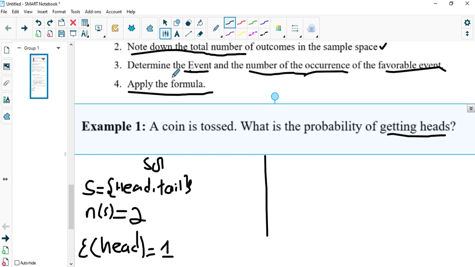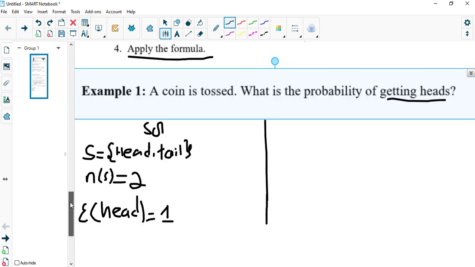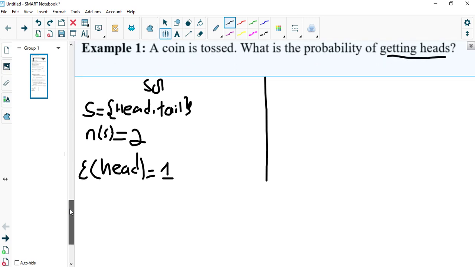So from there we can apply the formula to find the probability of getting a head.